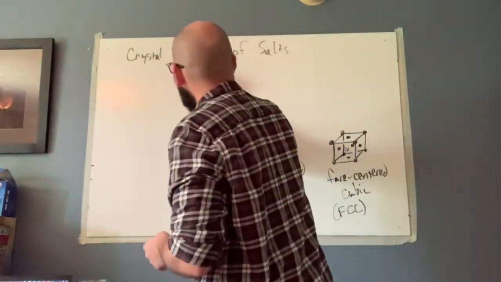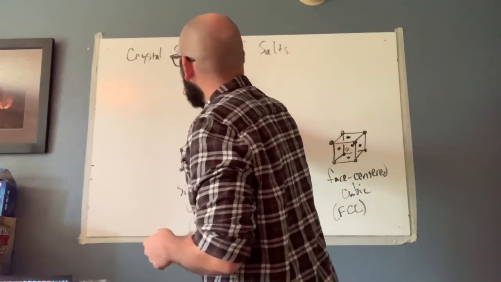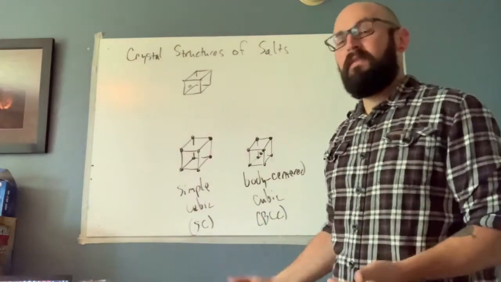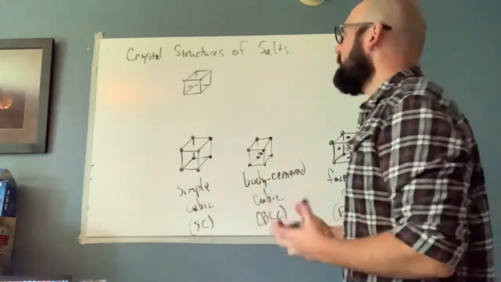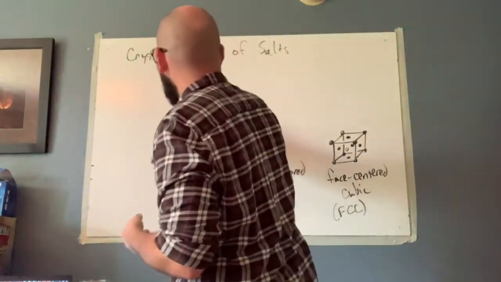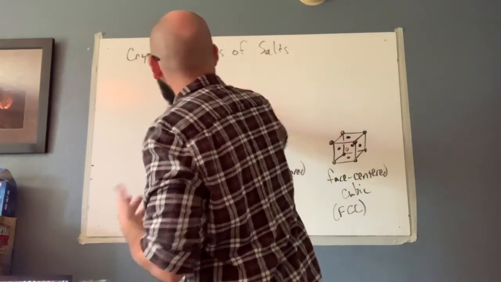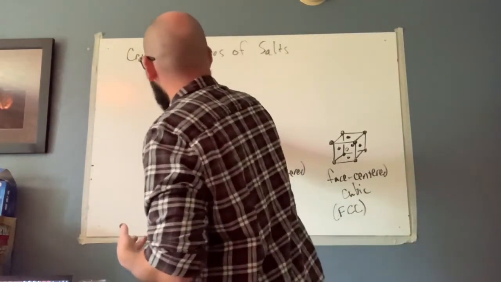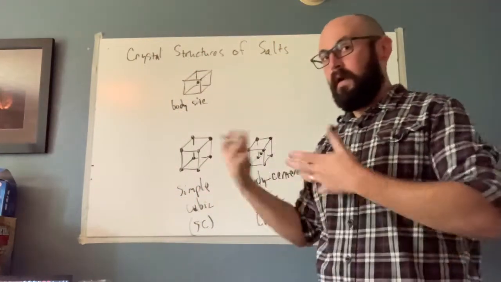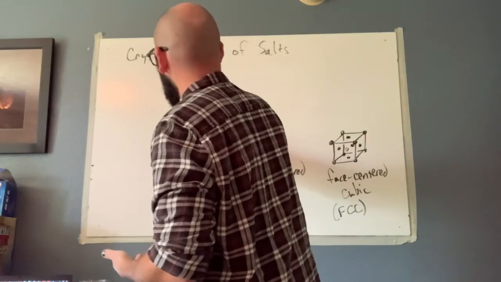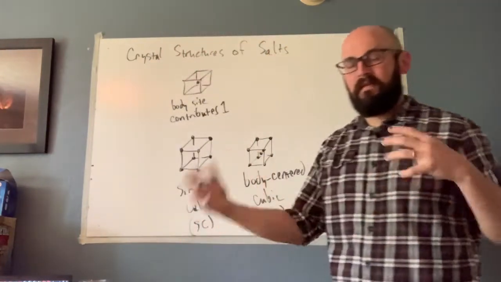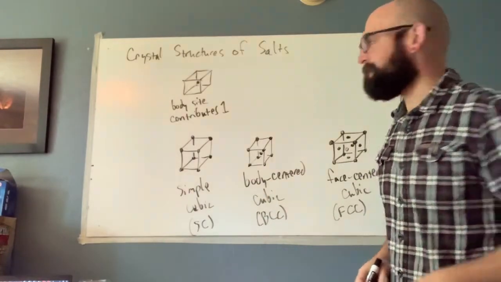That might be right smack in the middle, or alternatively, it might be some position that's just within the unit cell. Obviously, it's only contributing to that one unit cell, and we refer to this as a body site. So I'm going to choose the example where it's right in the center. So a body site is going to have a contribution of 1 to that particular unit cell. And this is obvious because, of course, it's not shared by any other unit cells.